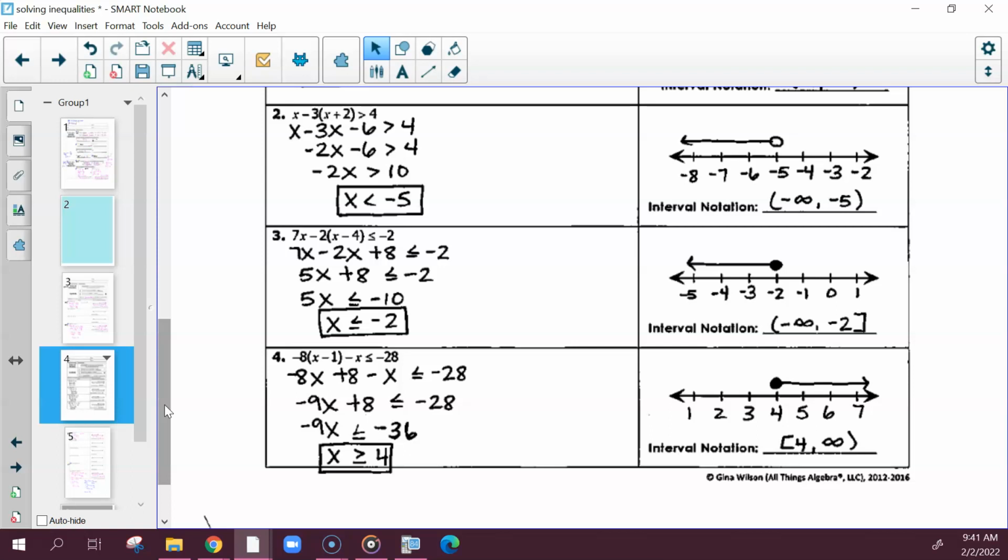Number 3, x is less than or equal to negative 2. That would be a closed circle going to the left. And your interval notation would be negative infinity to negative 2. The negative 2 would be with a bracket. Questions on either of those two? Carrie, you can go.